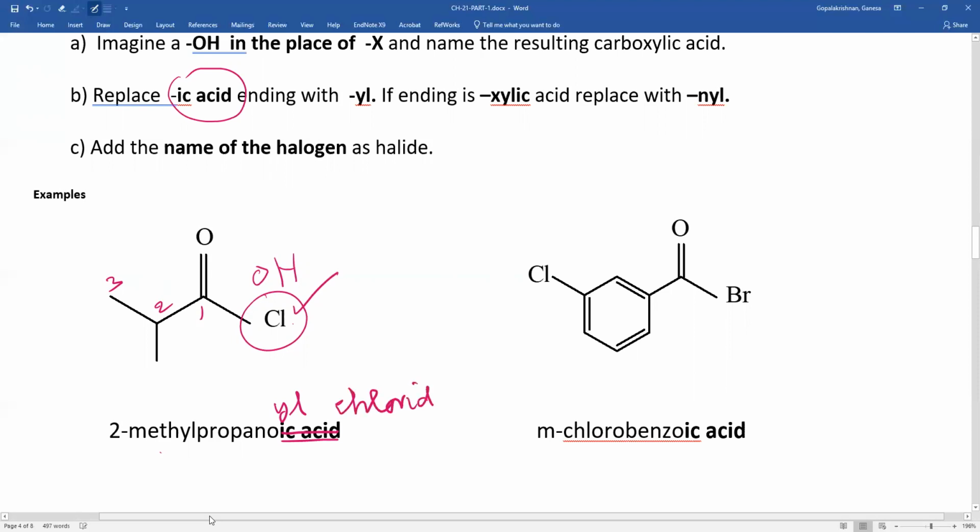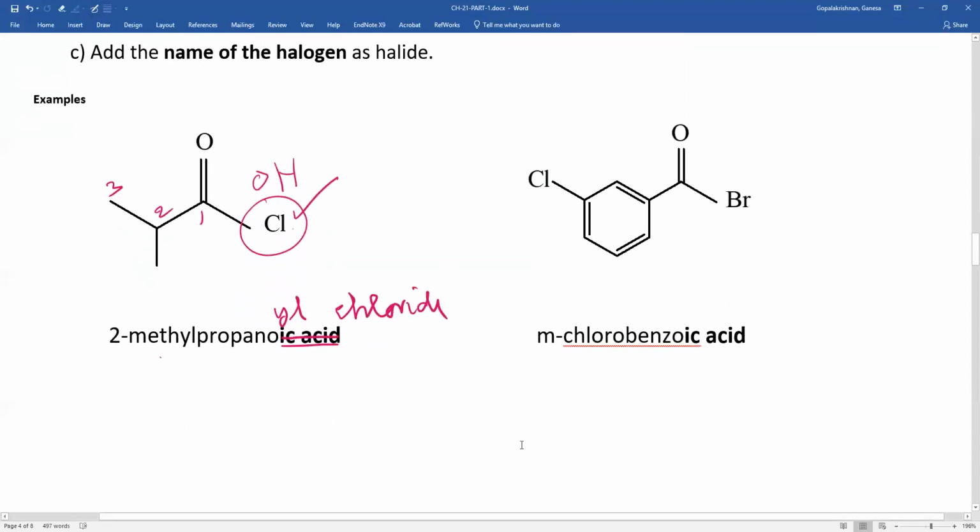It is one word. Don't give the gap. It is 2-methylpropanoyl chloride.